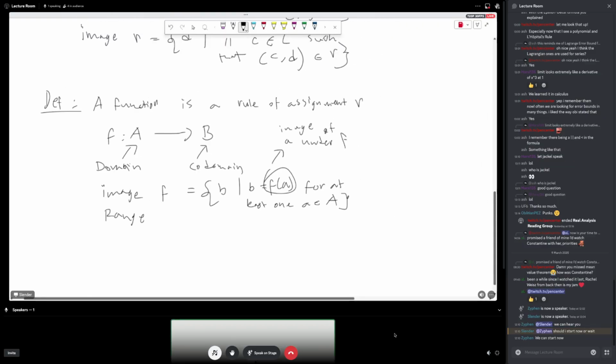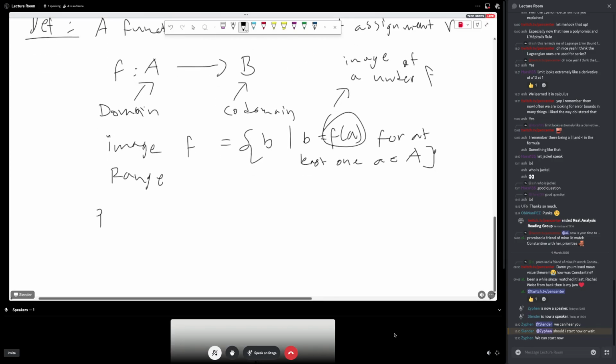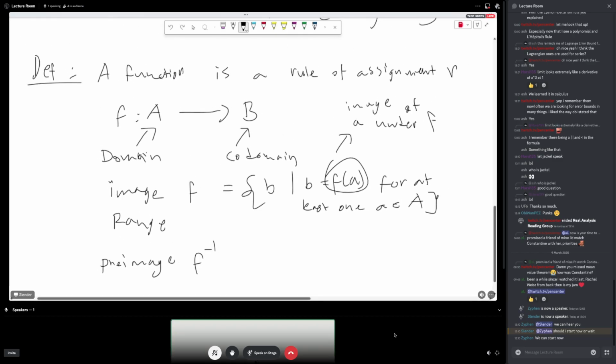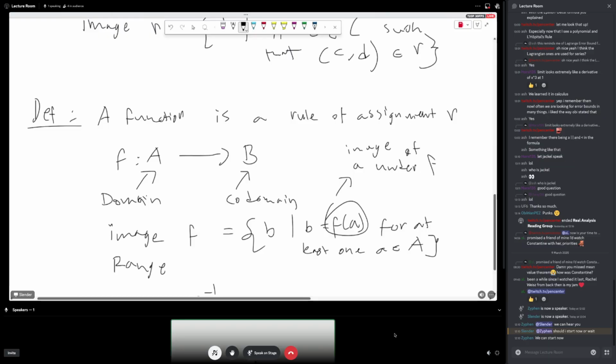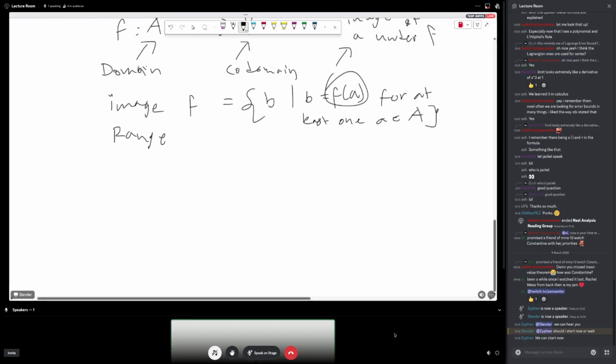Then we also have another thing of a function that is called the pre-image. We denote this using this symbol, and we take the pre-image of some subset. We can also take the image of a subset, so let me first show how. Let's say we have some subset A0 of the domain.